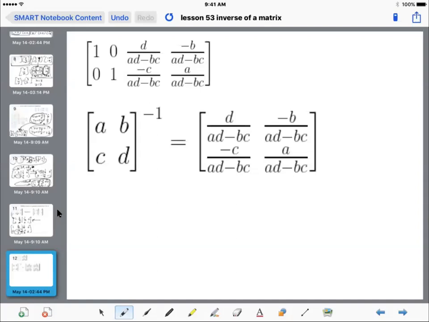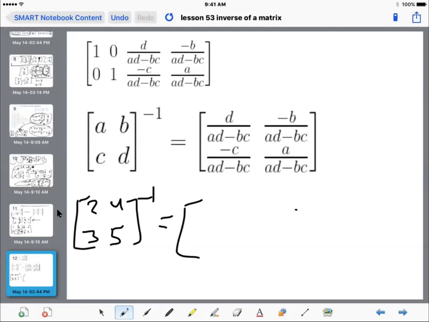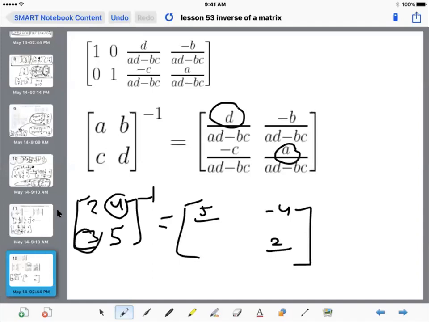So watch what happens if I apply this formula to this process. The D and the A are the numerators, so 5 over and 2 over. And the 4 and the 3, those stay as the numerators, but they become negated.